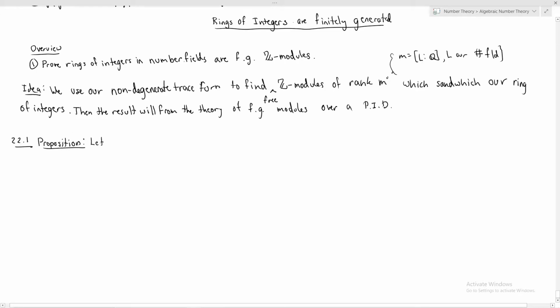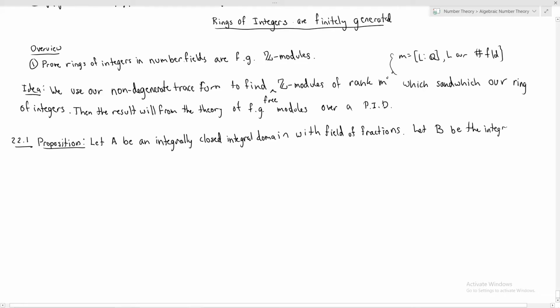We're going to let A be an integrally closed integral domain with field of fractions K. And we're going to let B be the integral closure of A inside L, a separable extension of degree m.